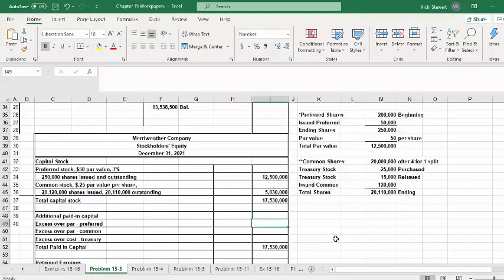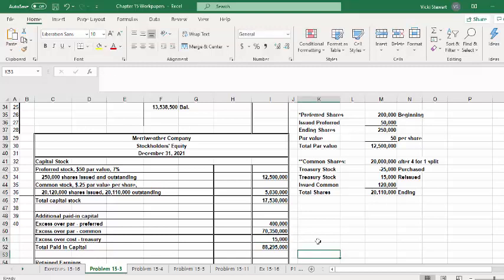The excess over par for the preferred, as we saw at the top, was $400,000. The excess over par common from the top was $70,350,000. And the excess over cost for the treasury stock was $15,000.